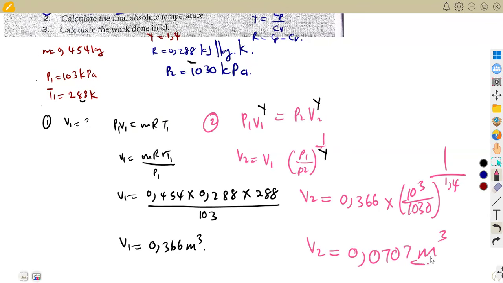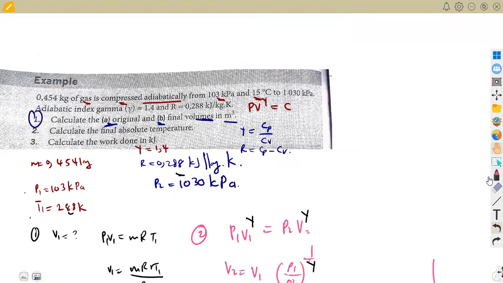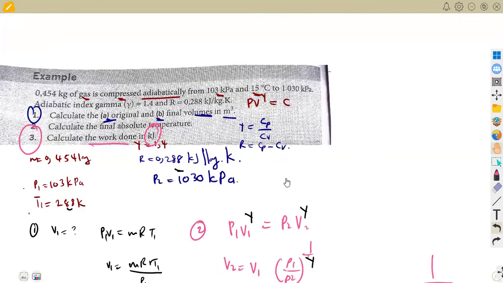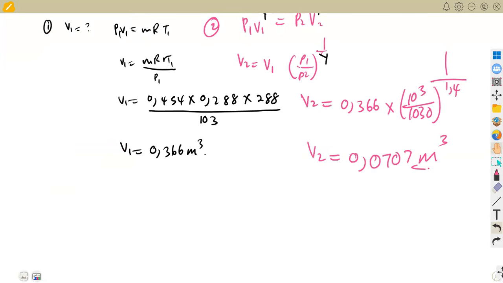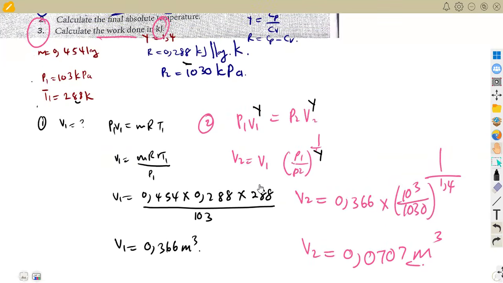So that is how we can play around with this type of equation. Then they want you to calculate the work done in kilojoules. To find the work done under an adiabatic process, remember we can do this. Did I leave another question here?